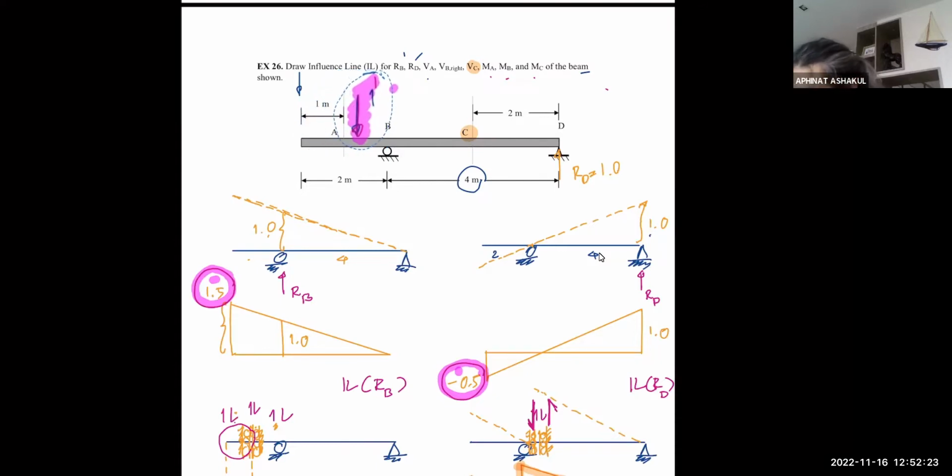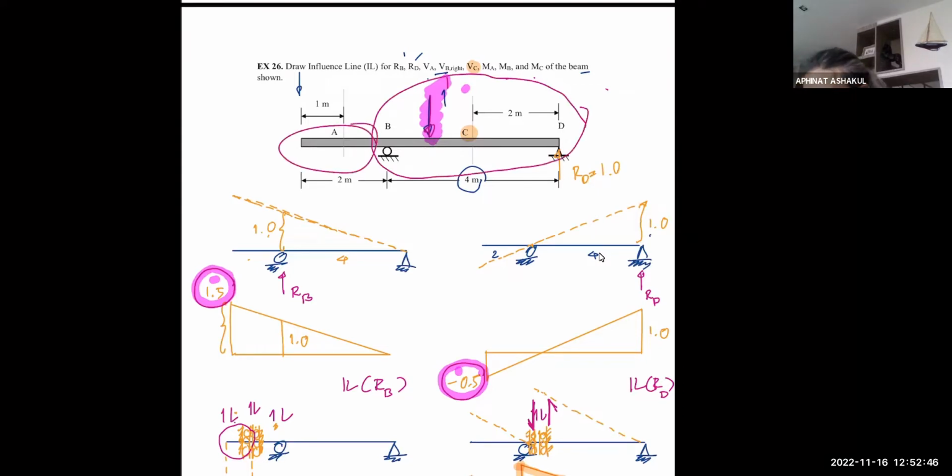But as soon as the unit load moves past point B into the internal span BD, when the load is there, now you look at this. You are essentially having a simple beam, right? Because this part has no load.